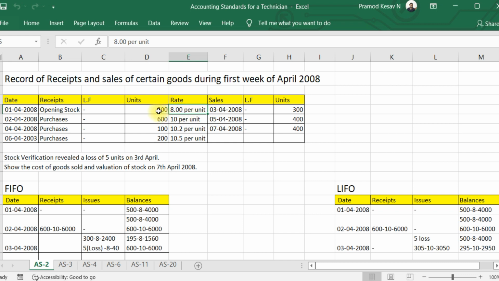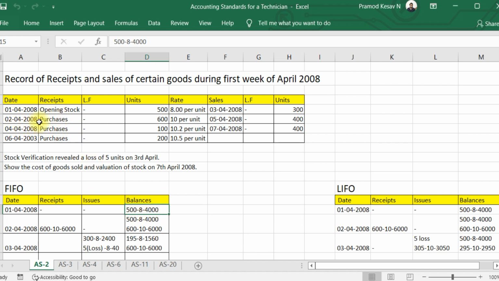So there were 500 units at 8 rupees per unit, represented as 500-8-4000, since 8 into 500 is 4000. That is how we denote a balance. So the first item is the opening stock on 1st April, which we represent by 500-8-4000, which means there are 500 units, each unit price is 8, and the stock is worth 4000.